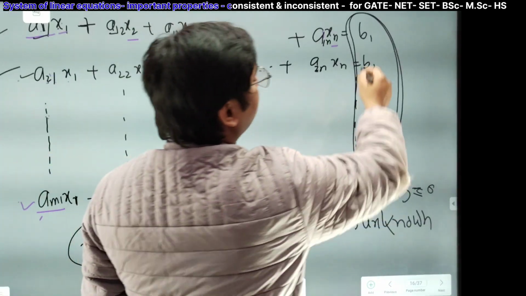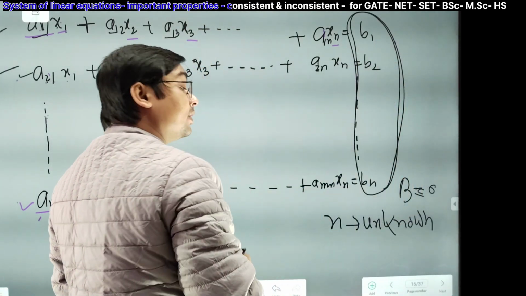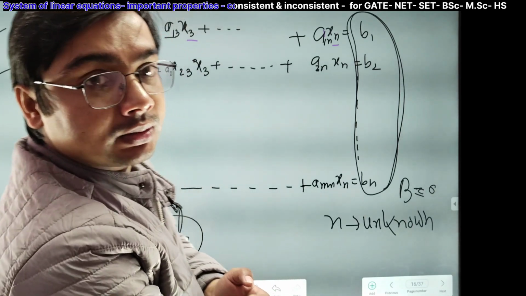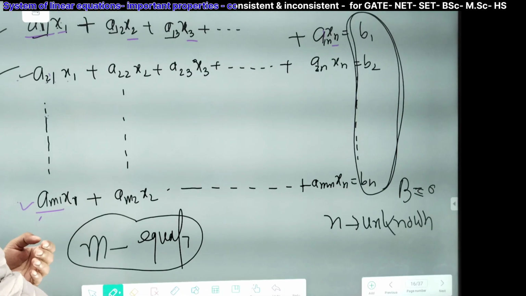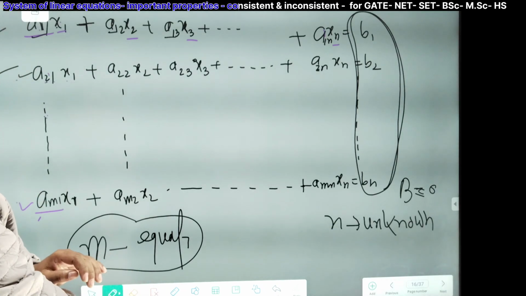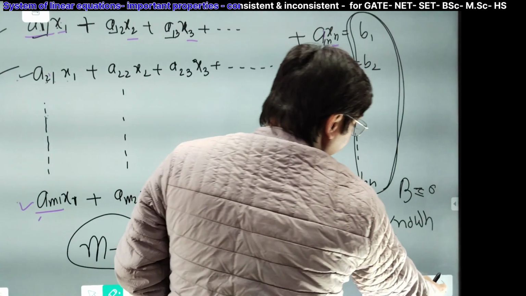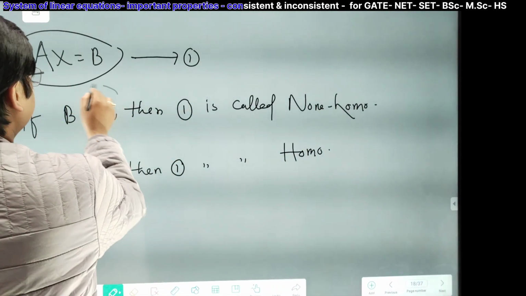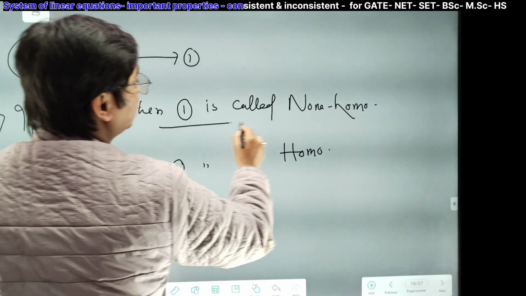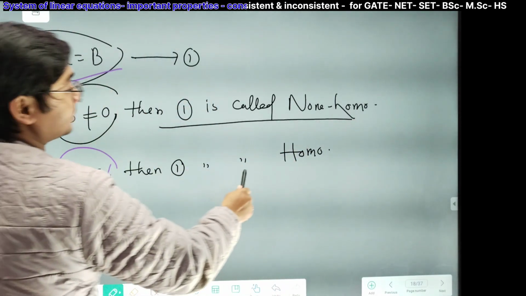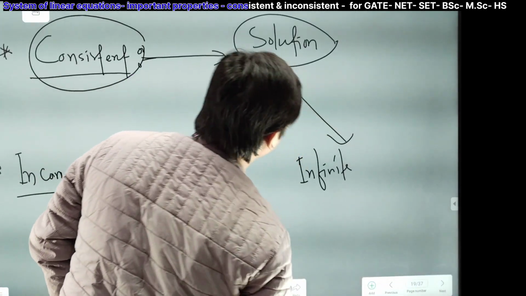Or if some of the bi's are non-zero, that means the B matrix is non-zero, then the system is called non-homogeneous. So remember this. If B is not equal to 0, the system is called non-homogeneous. If B equals 0, the system is called homogeneous.